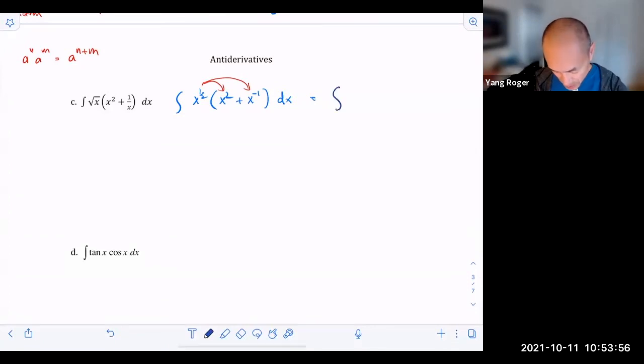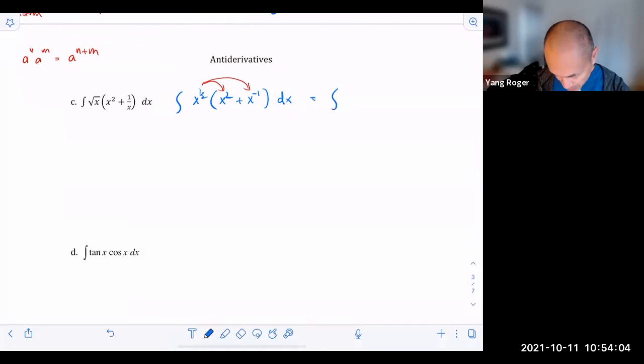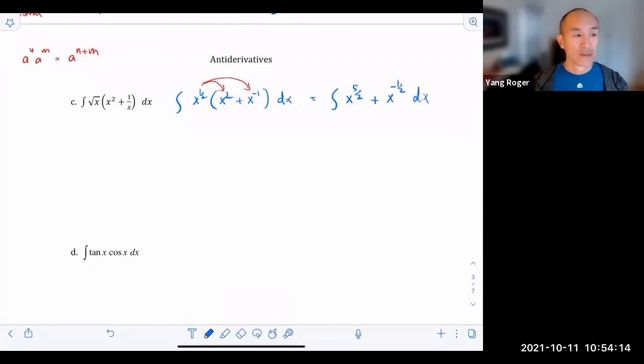So this will be the integral of x to the 5/2 plus 1/2 minus 1 is -1/2. So this guy looks like this. I think that's a great suggestion by Simon.